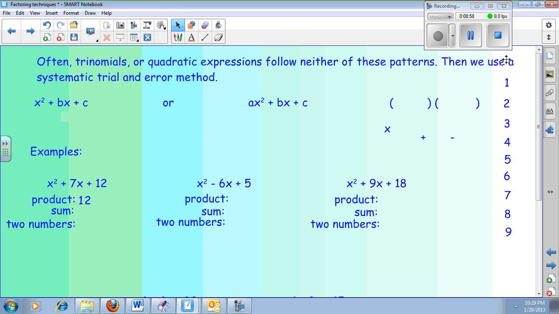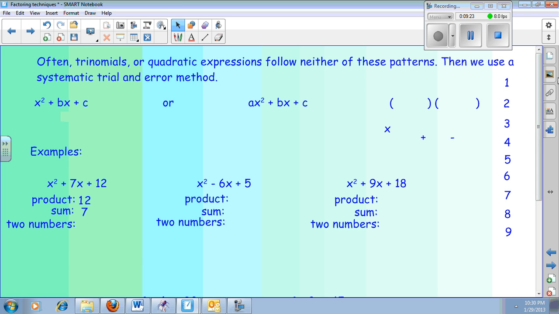It's always going to be the third term, or the value of c. The sum is the value of the middle term, or the x term, or the value of b. So in this case, the sum is 7. Now we need to think about two numbers that have a product of 12 and a sum of 7.